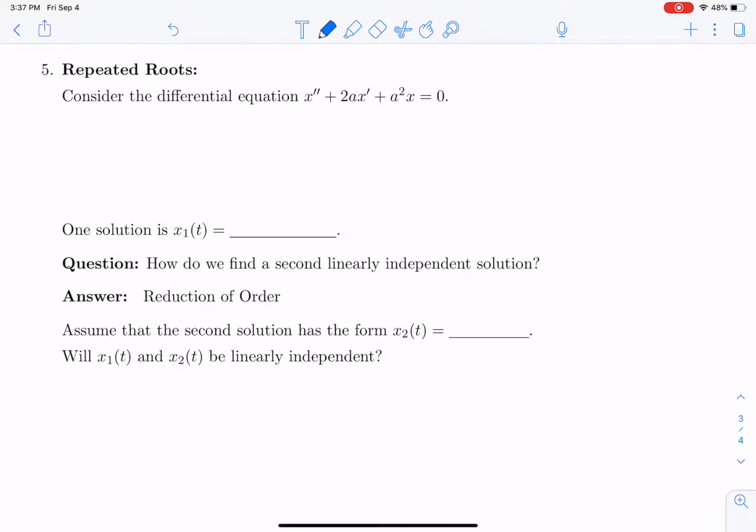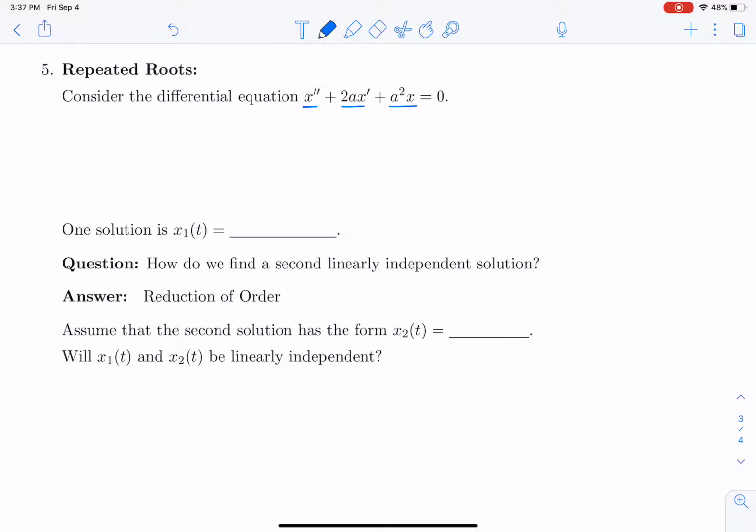Our third and final case is where the characteristic polynomial has repeated roots. So I'm going to reframe this equation just a little bit. I'm going to divide by m, and I'm going to write it as x double prime plus 2a x prime plus a squared x is equal to 0.